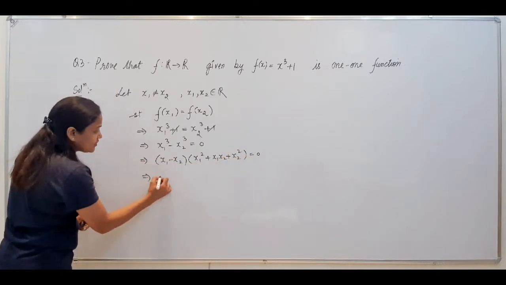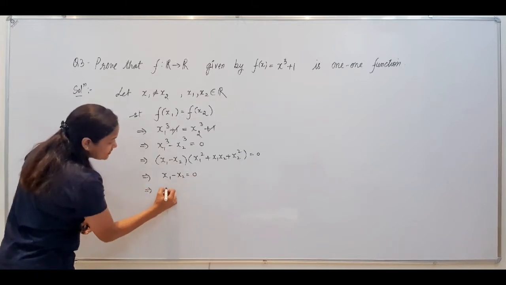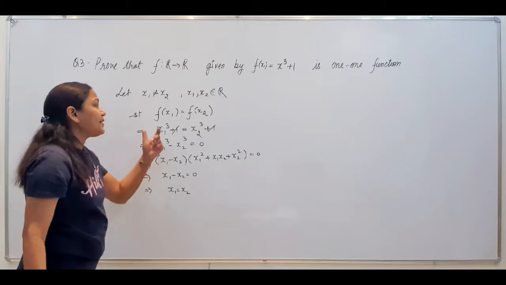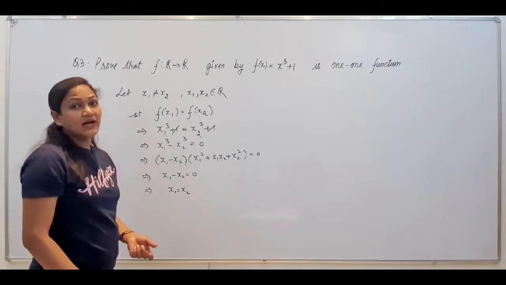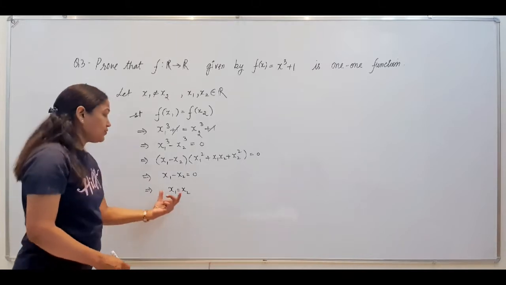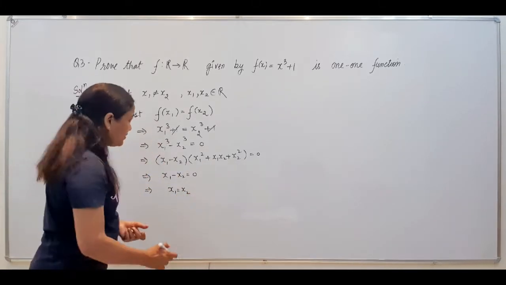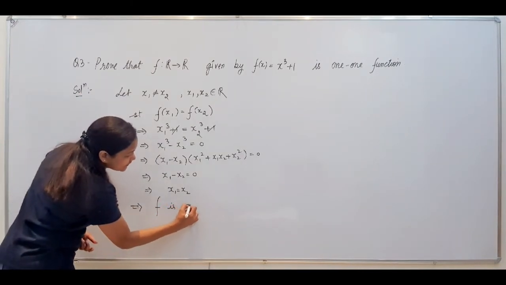So your x1 minus x2 is equals to 0 and this will imply that x1 is equals to x2. तो आपने ये show किया कि अगर दो images equal हैं that means the two elements will also be equal. So every element has distinct images. So this will imply that f is 1-1.